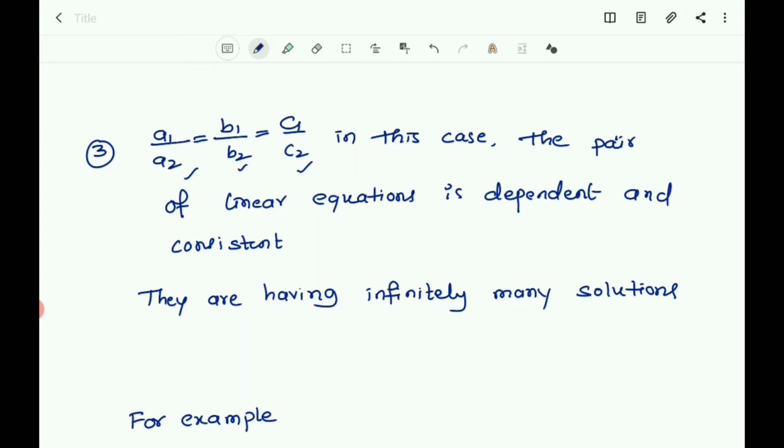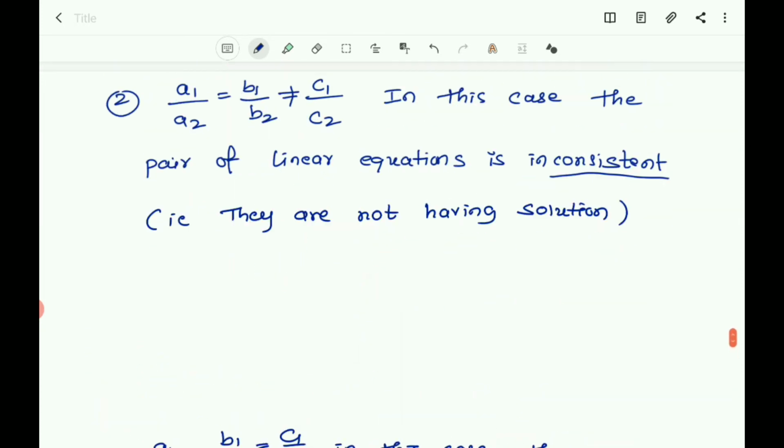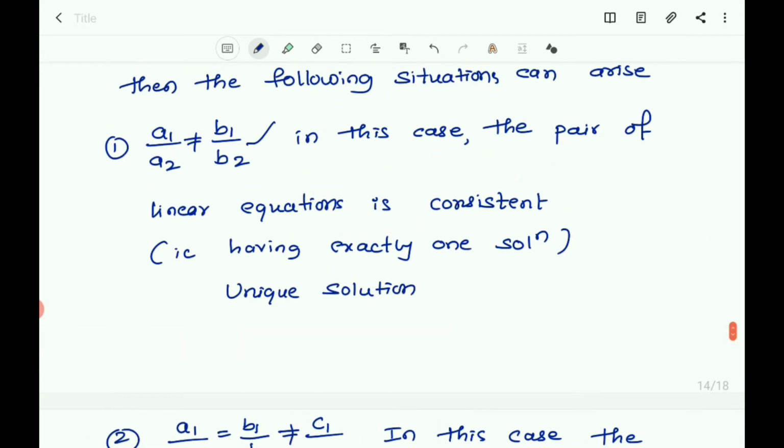They have solutions, so they are consistent, but they have infinitely many solutions.